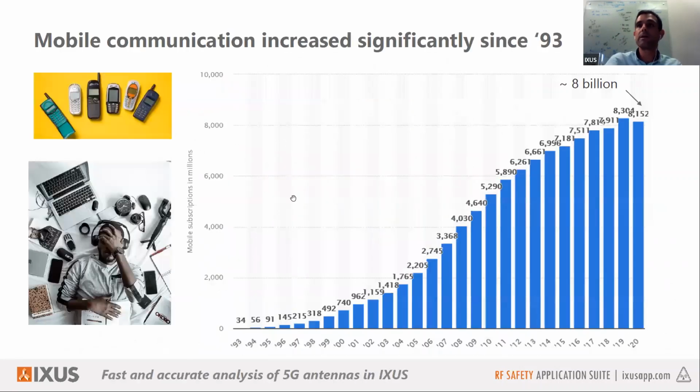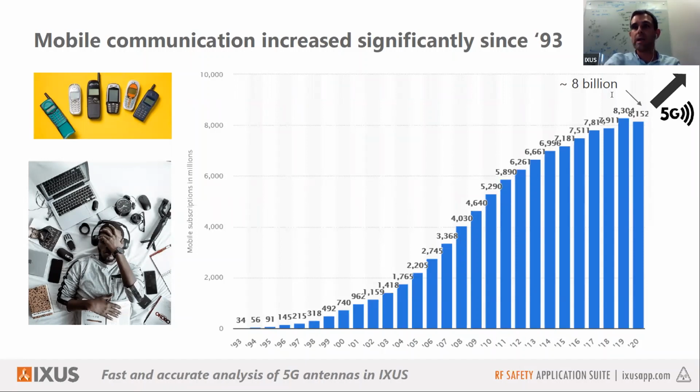Before I do that, a bit of background about what drives us to continue to look at ways in which to provide faster simulations. If we look at the tempo at which mobile communication is increasing in the world, we're standing here at about 8 billion people. I don't know how accurate this figure is, but it illustrates the point that there are quite a lot of people in the world already using some form of mobile handset.